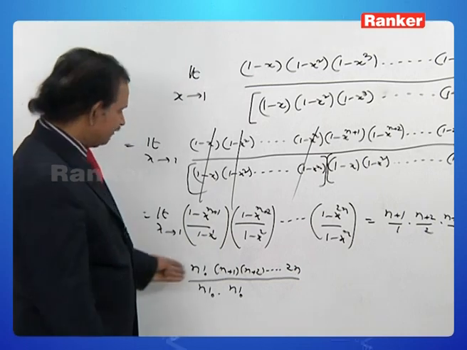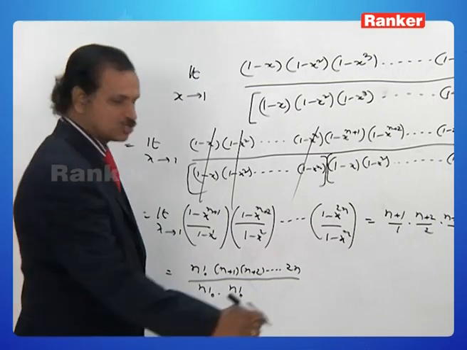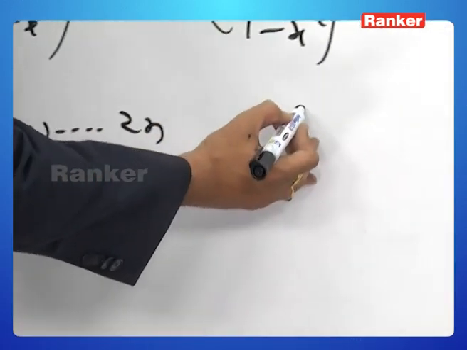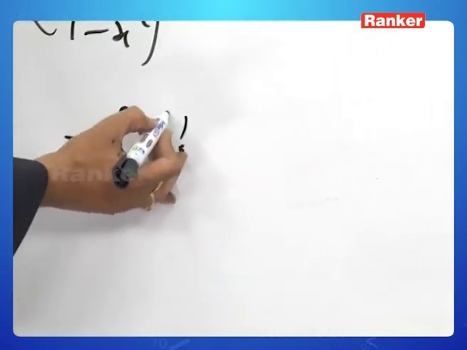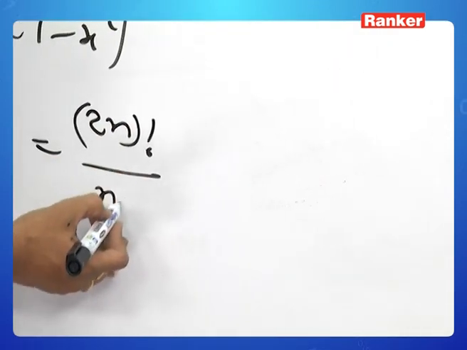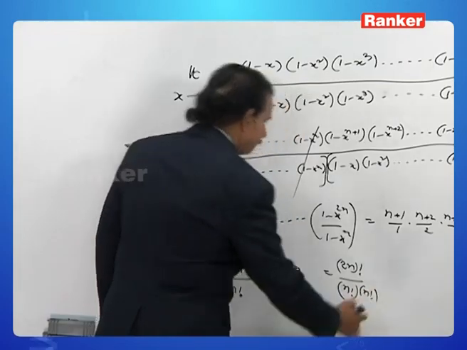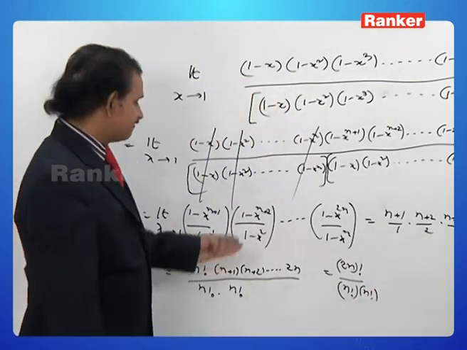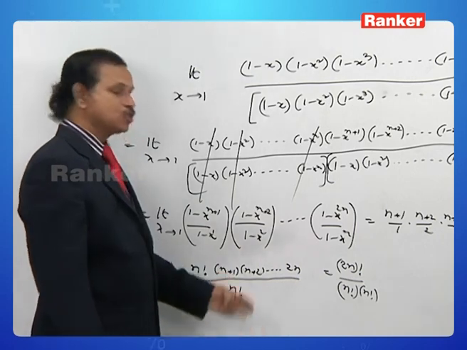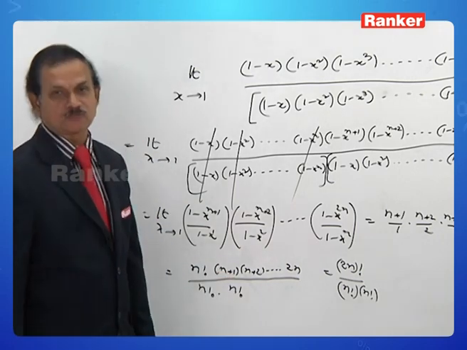Yes, you observe the fate of numerator. What happens to that? This is just nothing but 2n factorial by n factorial into n factorial, that is n factorial whole square.